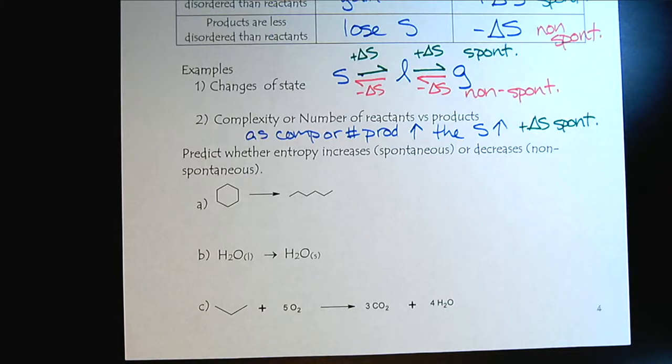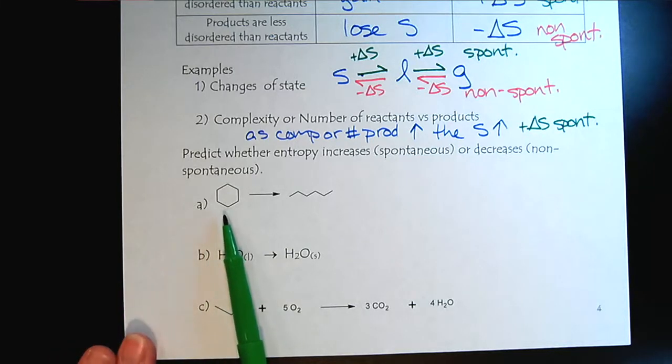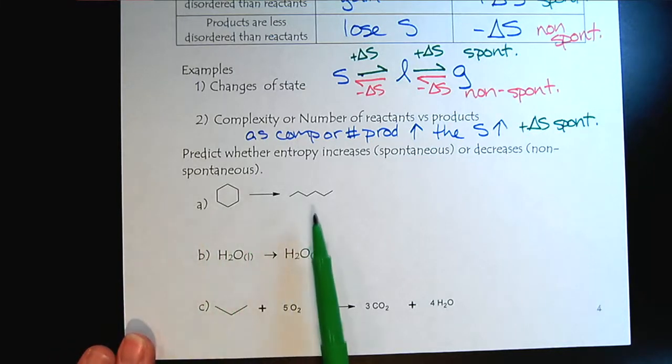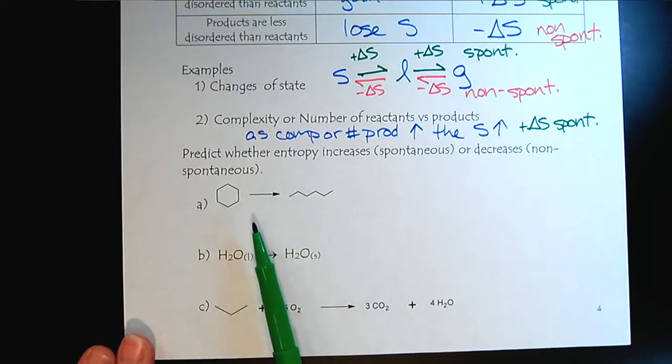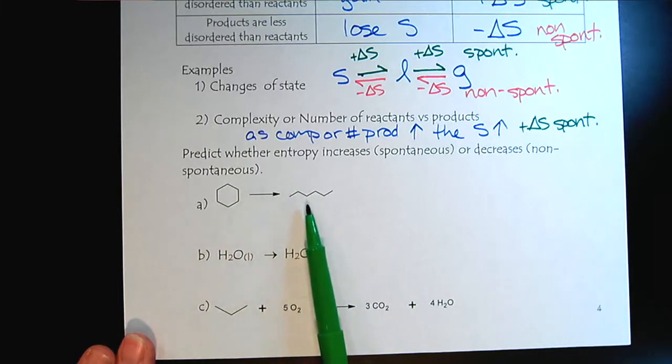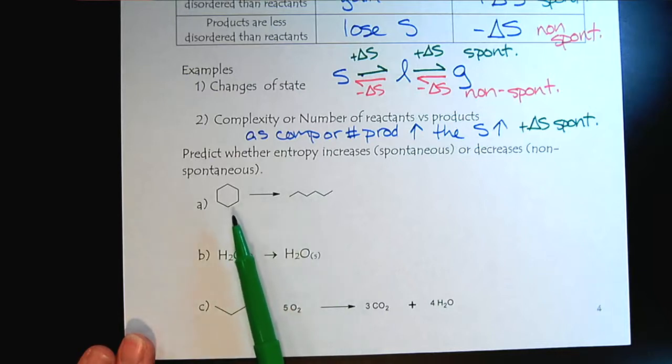If we look here at this first reaction, we're going from a ring to a straight chain. We know about the structure of organic molecules. Which one has more disorder?